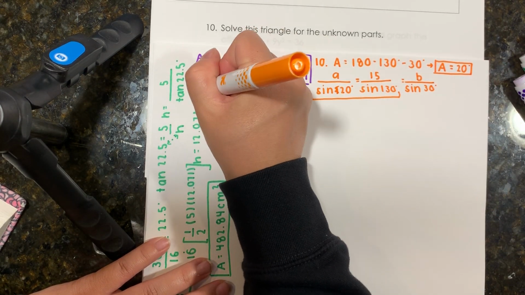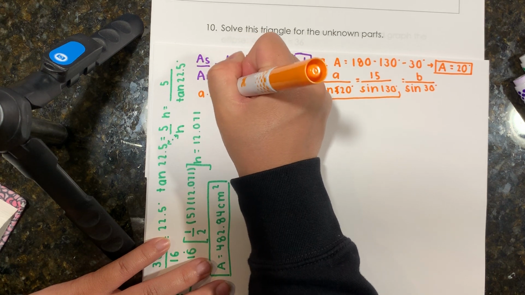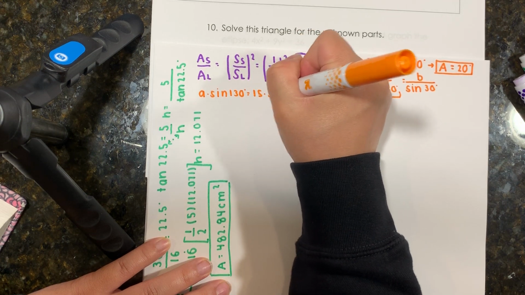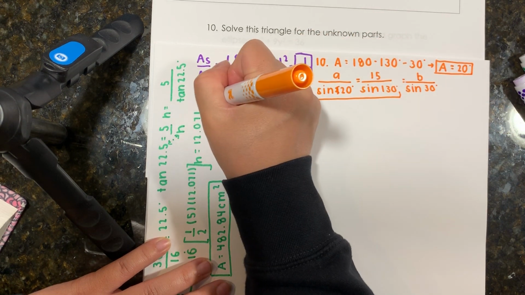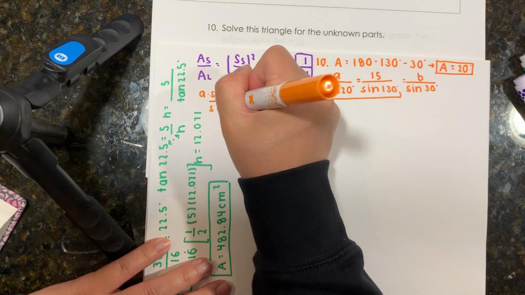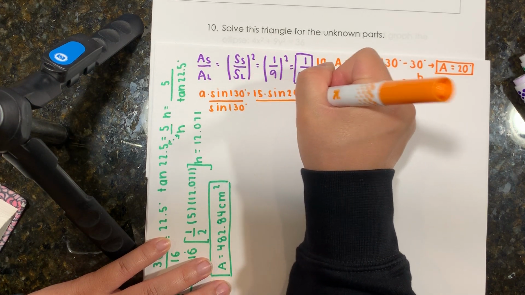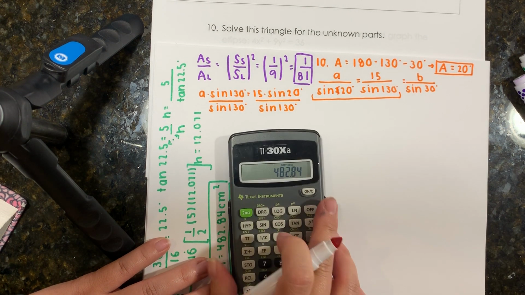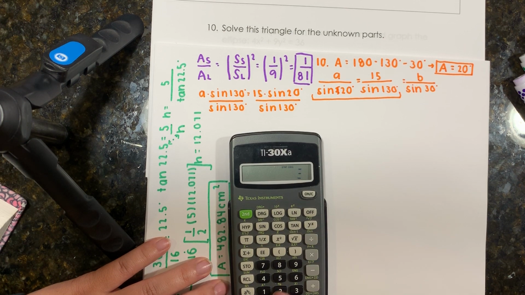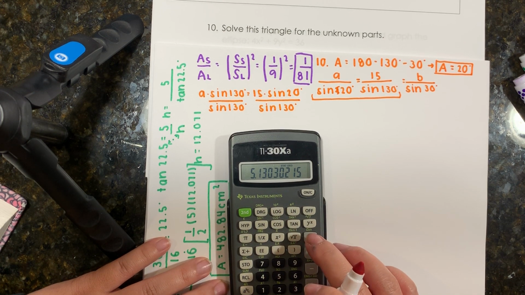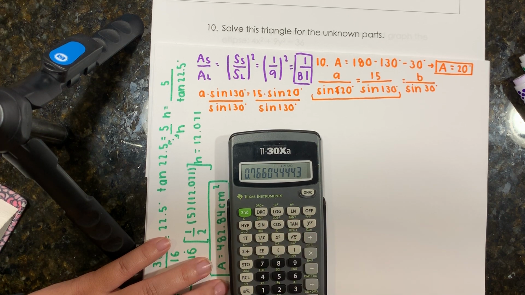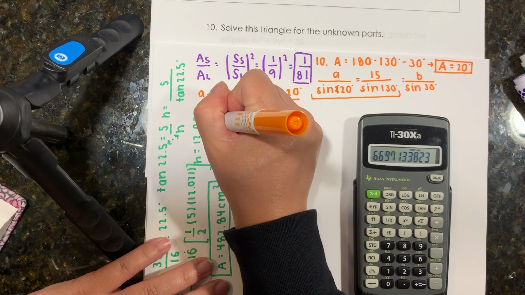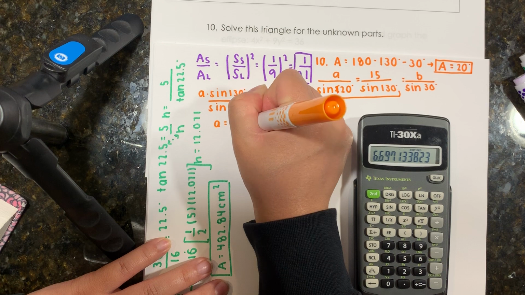So that would be A times sine of 130 equals 15 times sine of 20. You're going to divide both sides by sine of 130. So you're going to end up with 15 times sine of 20 divided by sine of 130. That's going to round to 6.7. A is equal to 6.7.